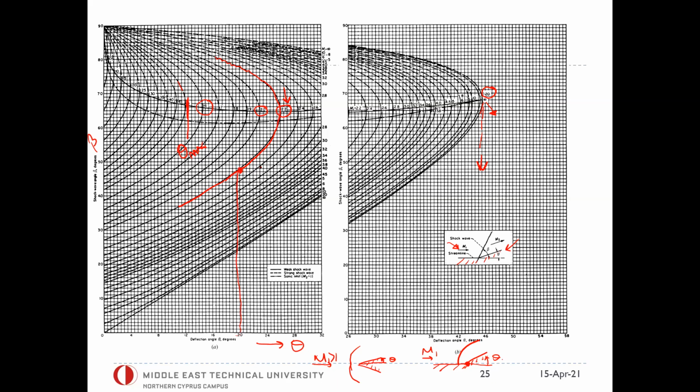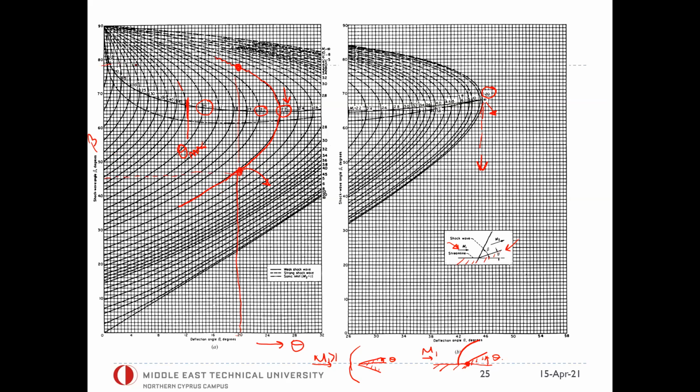Of course, you cut the curve which satisfies the theta-beta-M equation at 2 points. So you cut it here and here. The lower one happens at the lower beta angle, somewhere here, I don't know, 45 degrees or something like that.